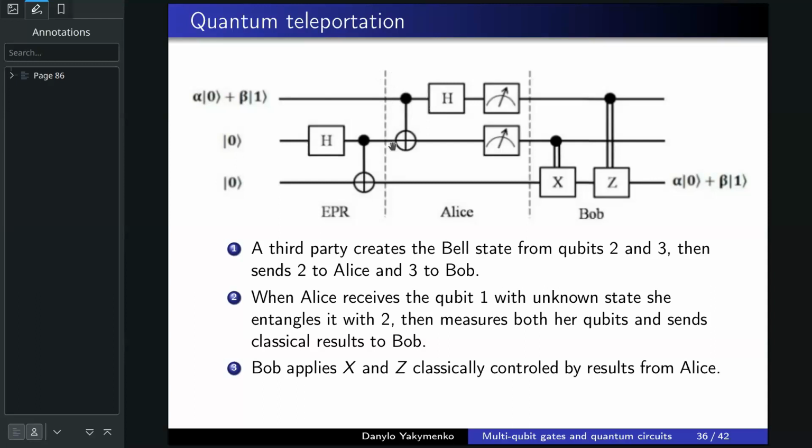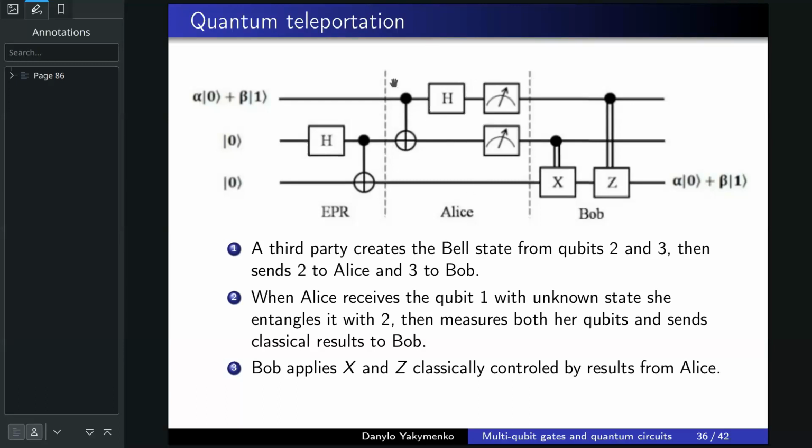Then she also entangles them with this operation. So she entangles her two qubits, the first and the second one. But since the second and the third qubits were already entangled, in fact, all three of them will be entangled at this point.